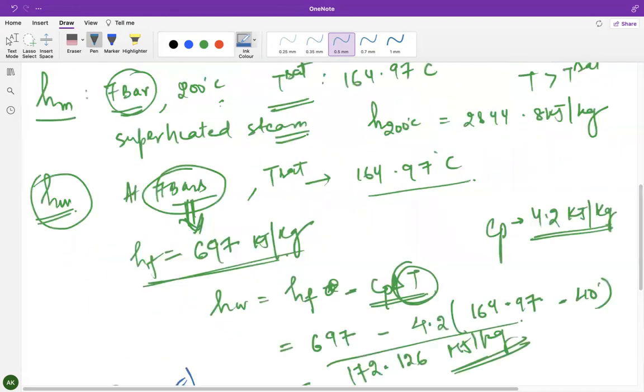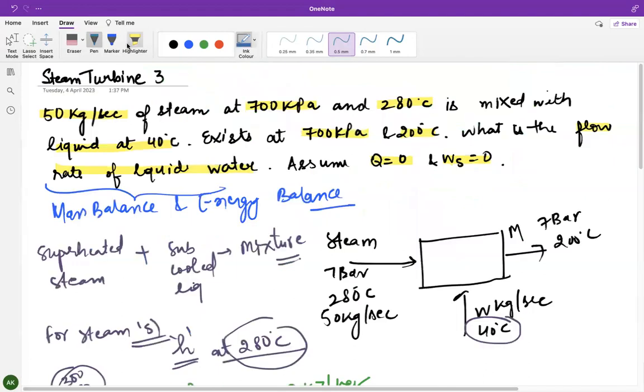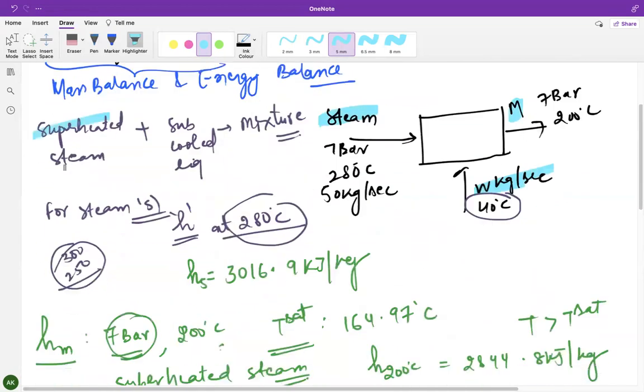So try to understand what we have done in this question. Firstly, we understood the question as the mixing of steam with water, and what we are getting is a mixture. We took out the state of the mixture: it is superheated steam plus subcooled liquid that we are getting as a mixture.